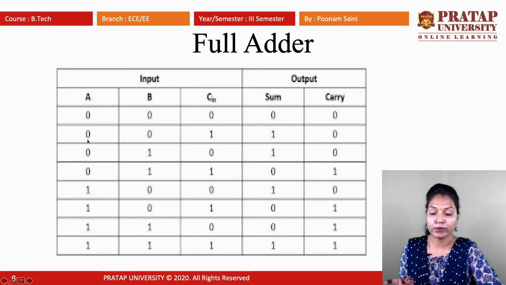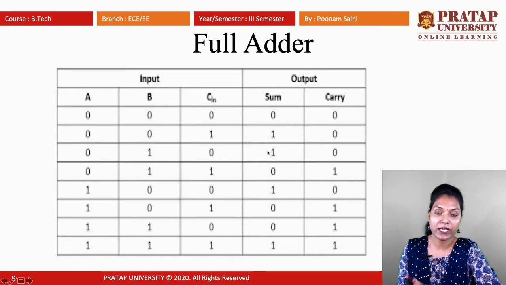Now next input 0 plus 0 becomes 0, then 0 plus 1 becomes 1, and no overflow, that means carry is 0. Similarly 0 plus 1 becomes 1 and 1 plus 0 becomes 1. So sum will be 1 and carry will be 0. In the last, you can see that 1 plus 1 will become 0 but carry would be 1.